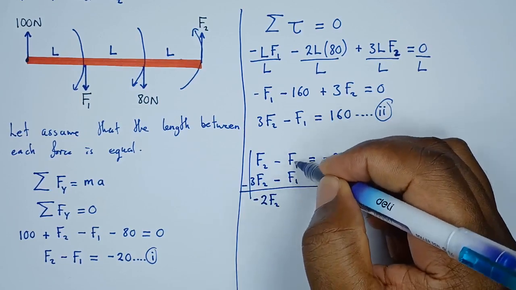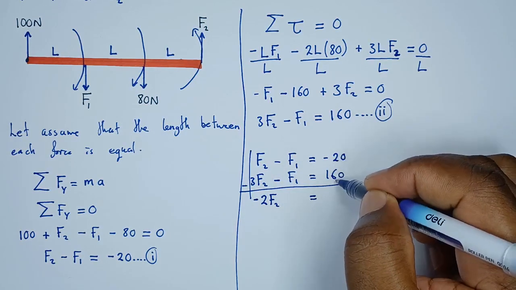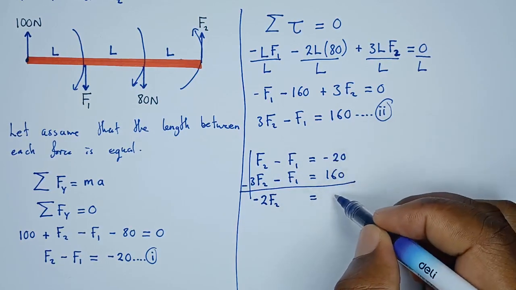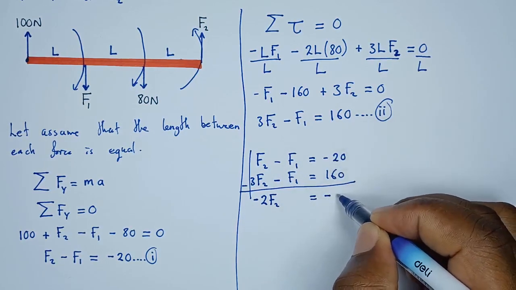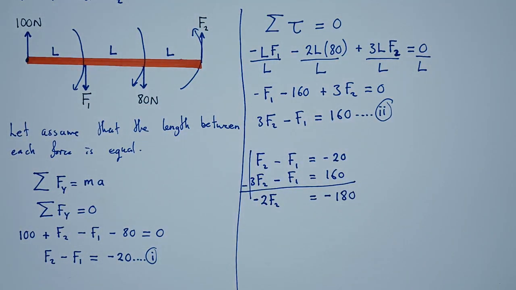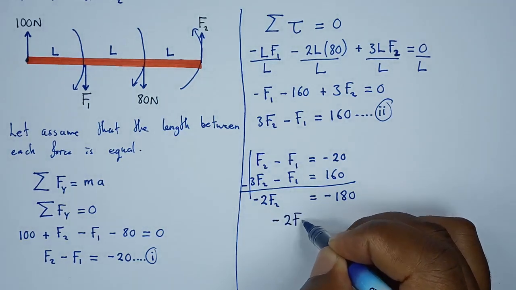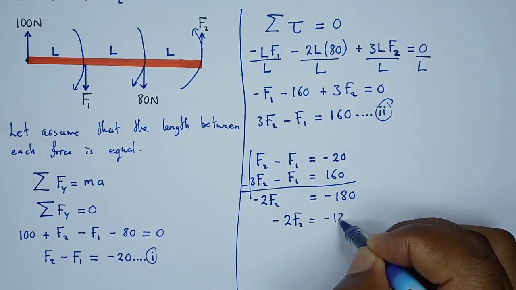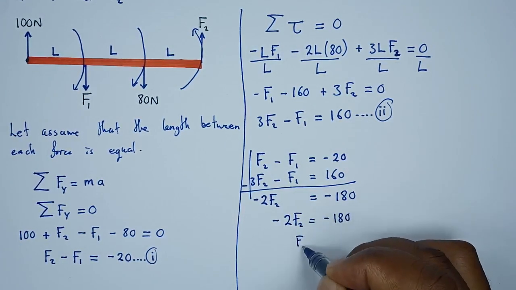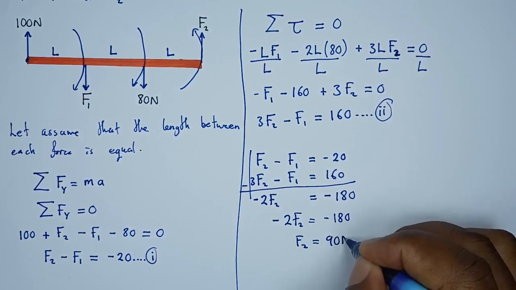We subtract here, this will be eliminated. If we subtract these two, we'll get negative 180. So now, from there, negative 2F2 is equal to negative 180. So F2 is simply equal to 90 newtons.